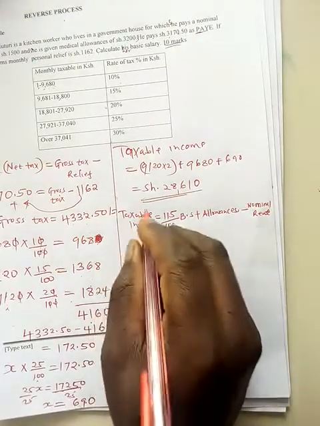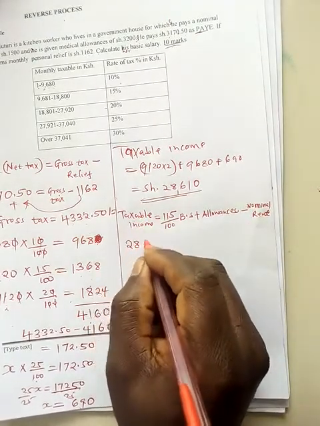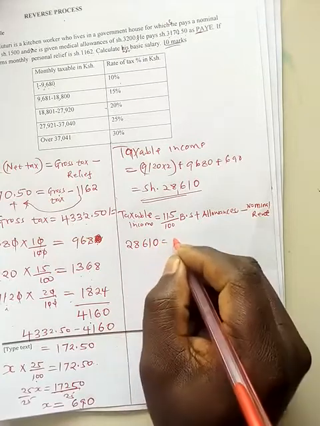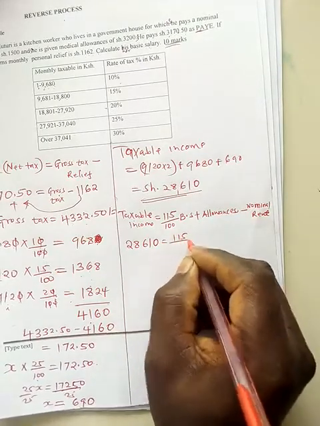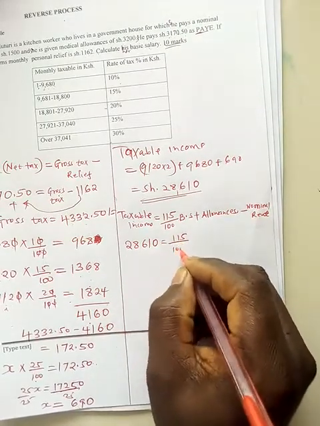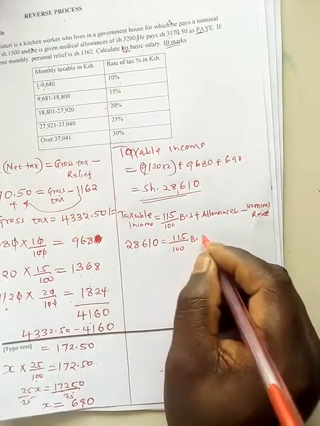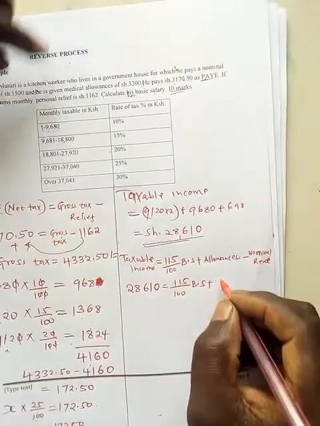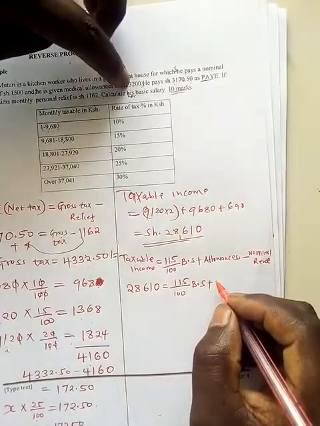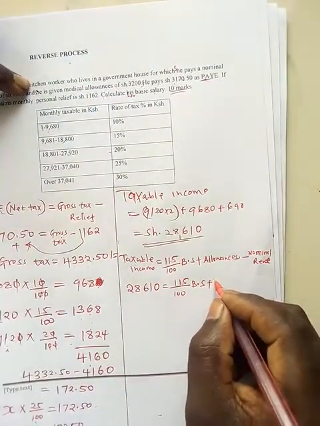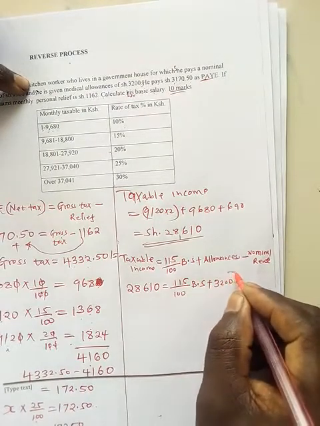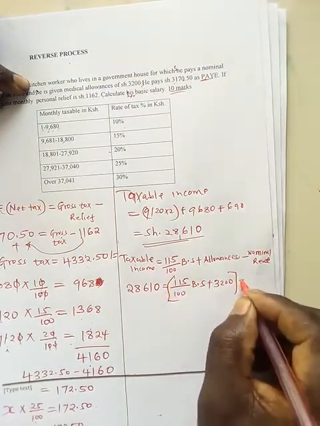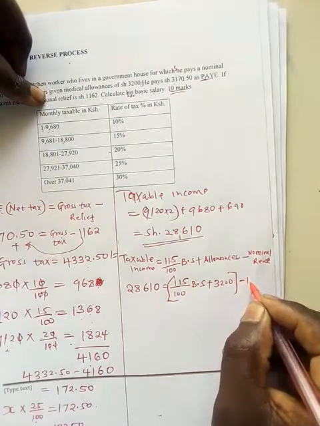So tuko nayo, 28,610 is equal to 115 over 100 basic salary plus allowance. Allowance yenye tumepewa hapa, kumbuka allowance alikuwa napewa 3,200 and then minus nominal rent. Nominal rent is 1,500.